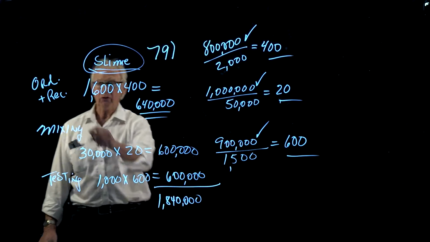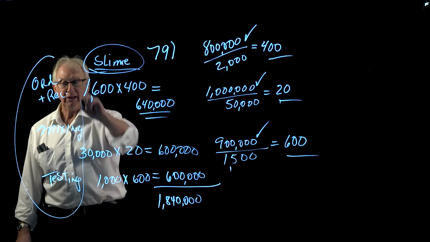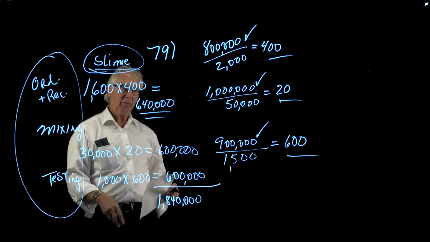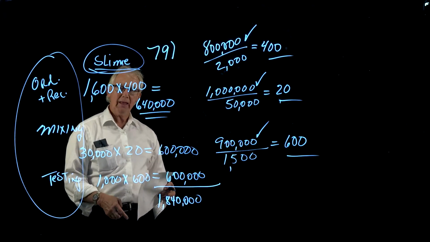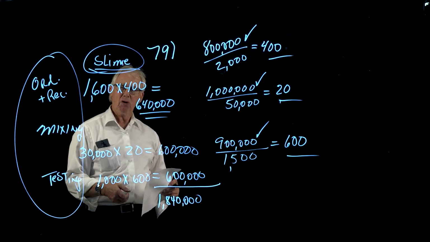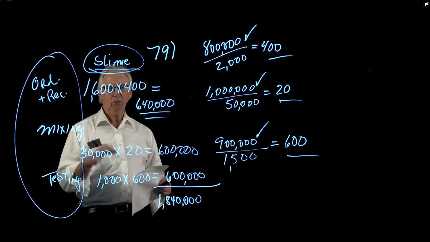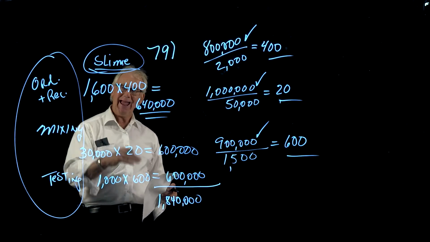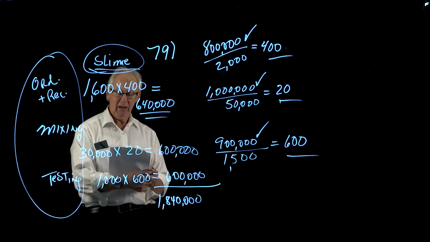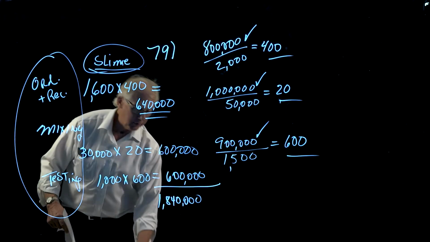Okay, these are all activities, and in chapter 15 that would have probably been all grouped into direct labor, but now with activity-based costing we break direct labor down into the different activities that make up direct labor. Okay, so that's number 79.